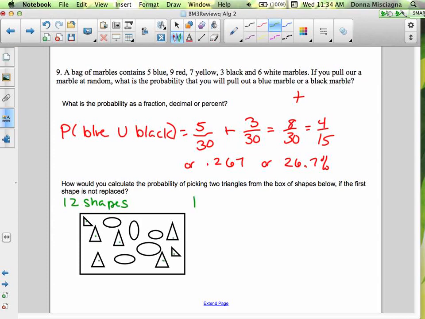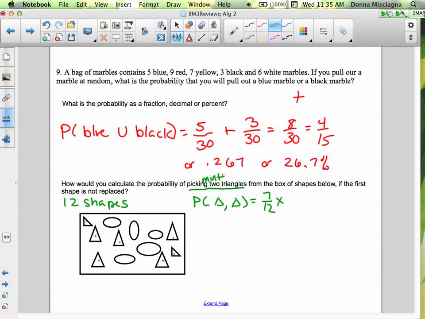So the probability of triangle and then triangle, this is more than one event, right? We're picking 2 shapes. So this is going to be multiplication. More than one event is multiplication. More than one favorable outcome is addition. Right? So this is going to be the probability of the triangle. There were 7 triangles, so there's 7 out of 12 triangles.